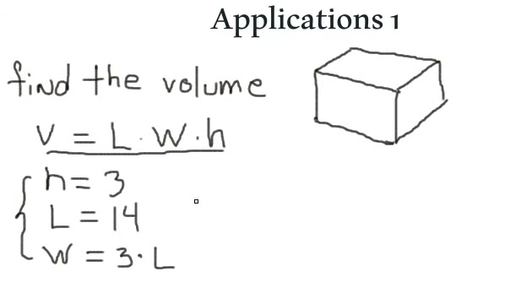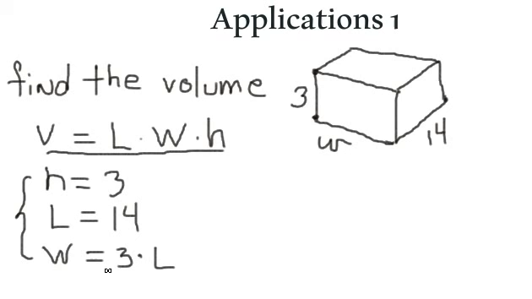Alright, so the height is 3 feet, so we'll say this is 3 feet from here to here. The length is 14 and the width is 3 times the length. Well, it looks like another one of my drawings is not quite to scale. We're going to let this side here be the length, and we're going to let this side here be the width.